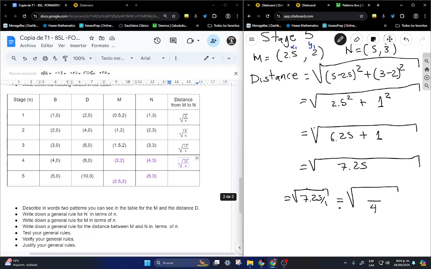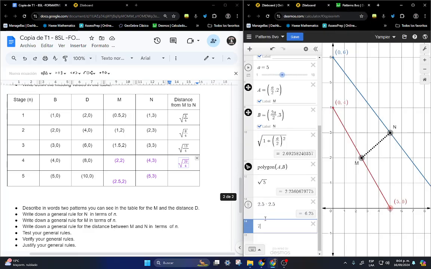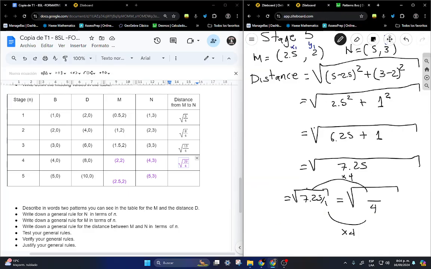But if we want to match with denominator 4, we should multiply by 4 and also the denominator. And 7.25 times 4, let's do it here, is exactly 29. So it's 29 over 4. Let me copy this. Let me paste this and replace the 20 with 29. Okay, this is our pattern.